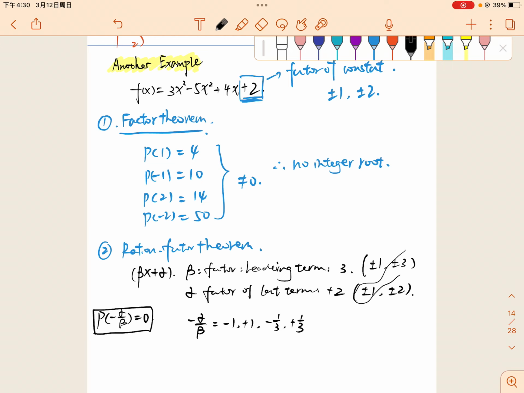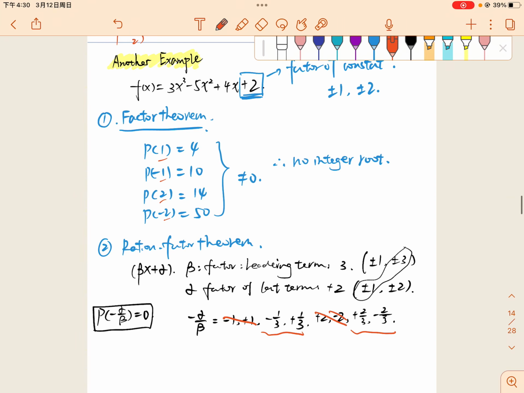And that is just repeatedly giving you either negative or positive 1 over 3. And same thing, you would have positive or negative 2, or positive 2 over 3, or negative 2 over 3, right? And for the integer ones, we already tried 1, negative 1, 2, negative 2, so we cross them out. That gives us 4 trials that we can keep.